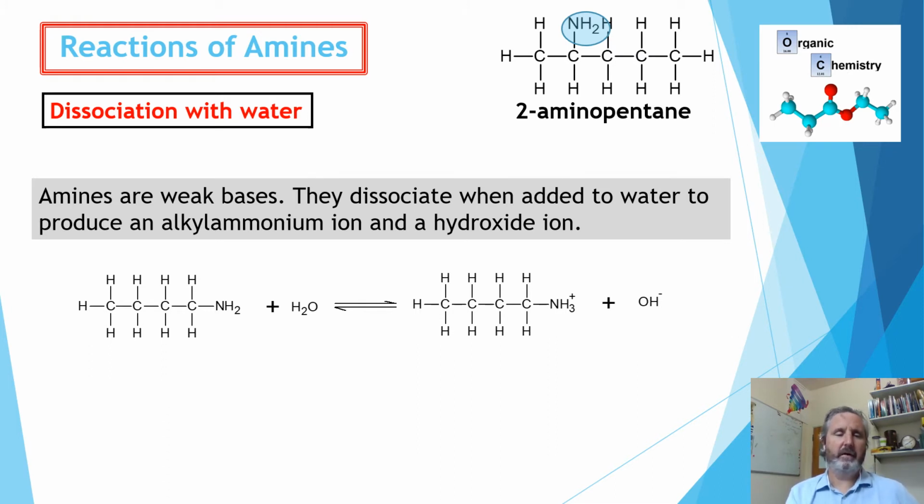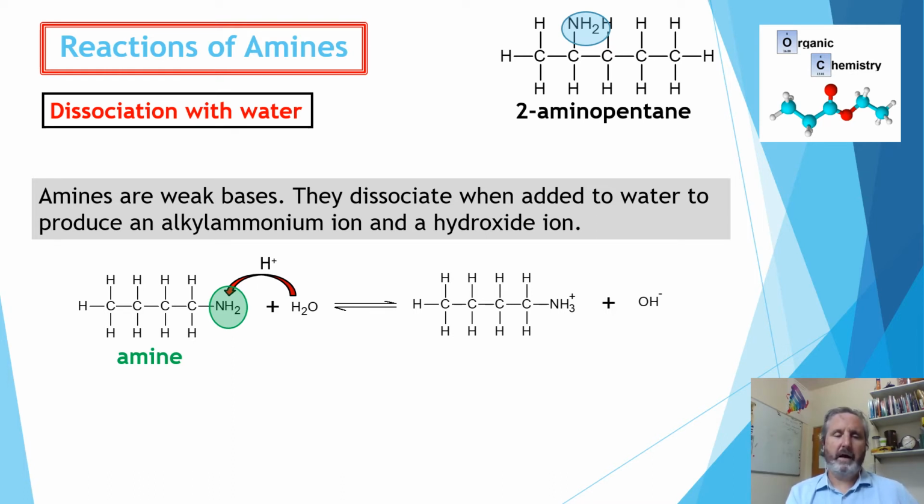This is butan-1-amine, and the water is going to donate a proton to the butan-1-amine, and it's going to produce this ion at the end, or the functional group that's an NH3 plus functional group. At the same time, because the water has lost the hydrogen, it produces a hydroxide ion, which is the ion that we associate with bases, so it gives it the property of a base.